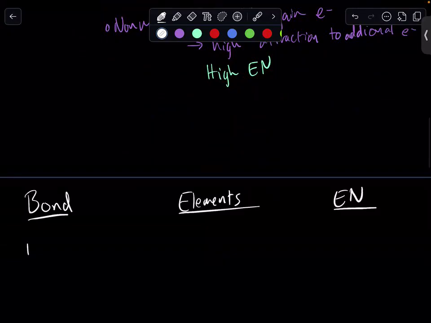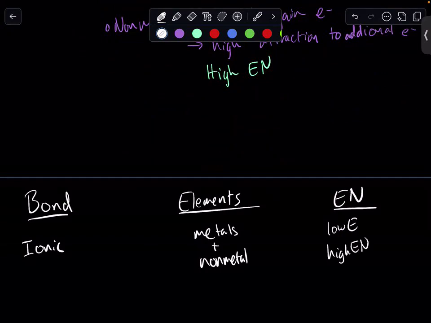So let's start out with ionic. Ionic uses metals plus a nonmetal. And between the metal and nonmetal, we have a low electronegativity and a high electronegativity. And altogether, what we're going to see is basically a large difference in electronegativity.